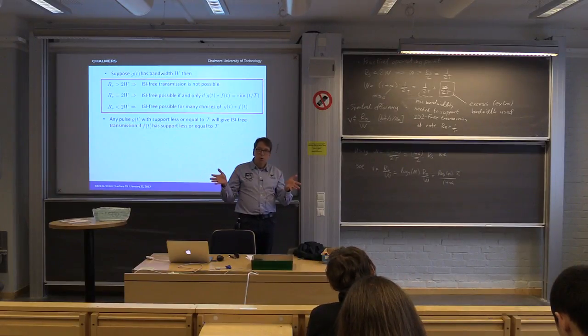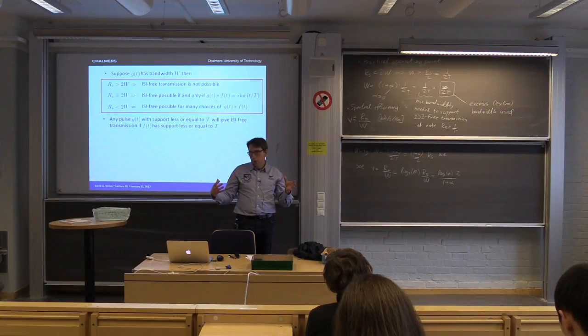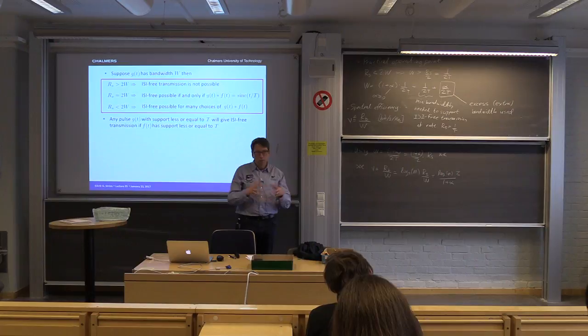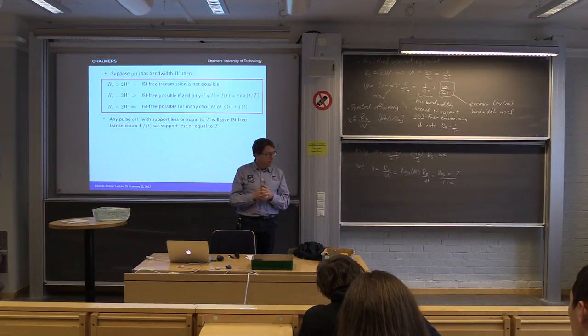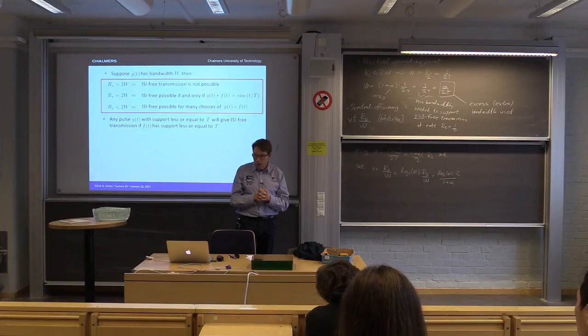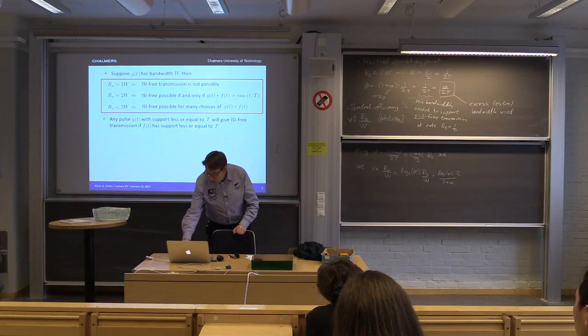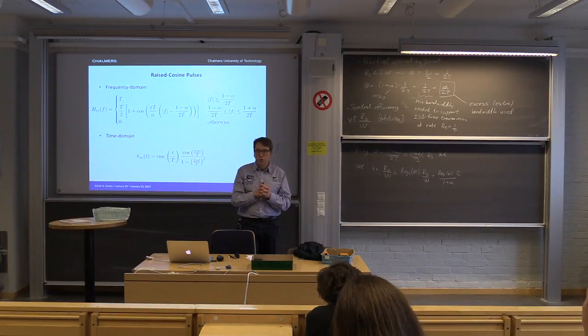But we still don't want intersymbol interference. So the question is, can we find a set of pulses, a family of pulses, where we can change alpha, the excess bandwidth, and still have a transmission scheme without intersymbol interference? And yes, we can do that. The standard way to do that is to use a bunch of pulses known as raised cosine pulses.